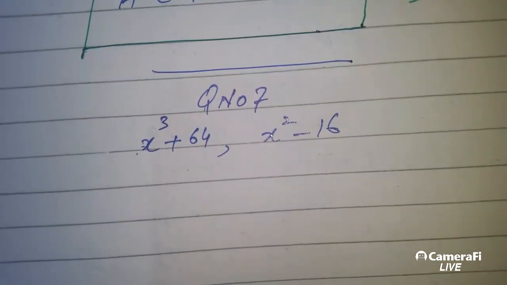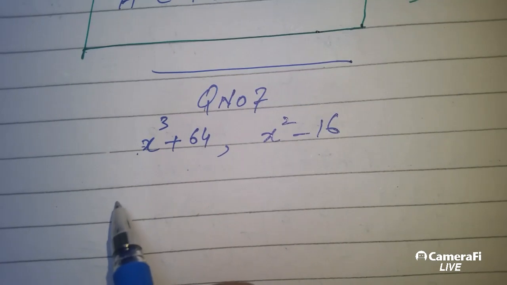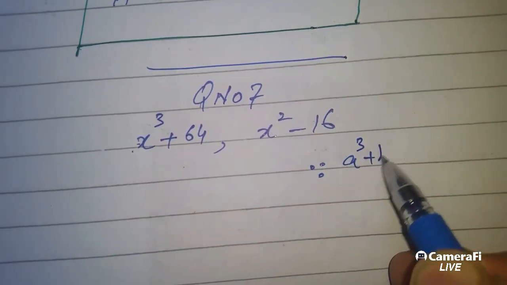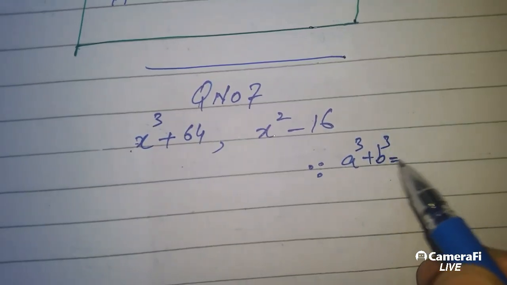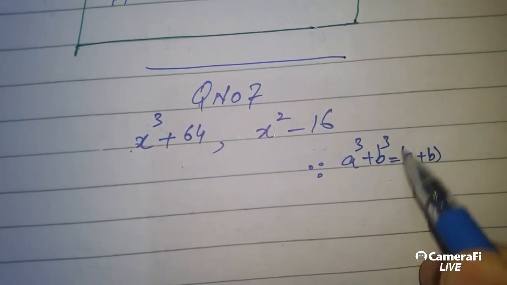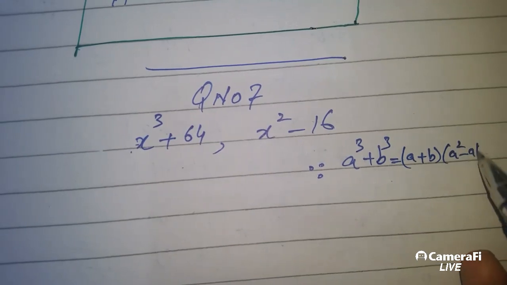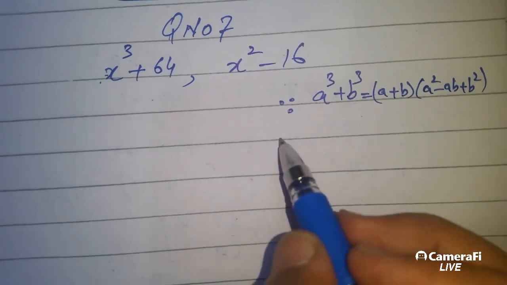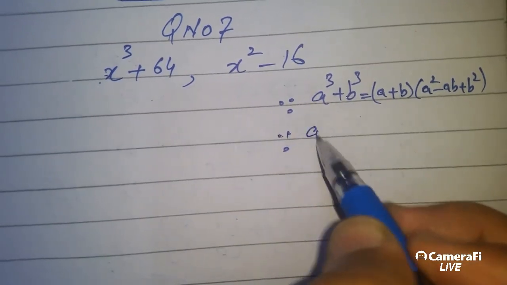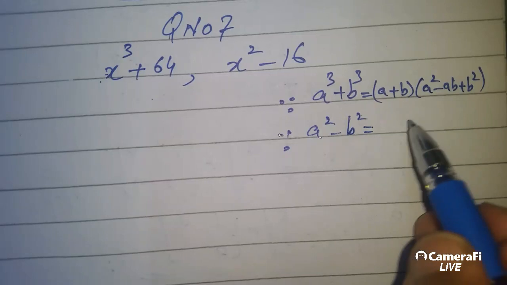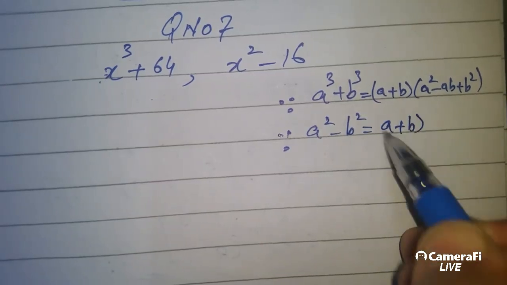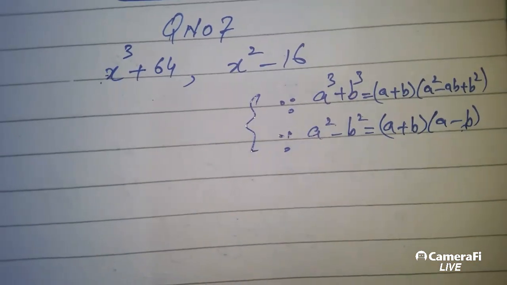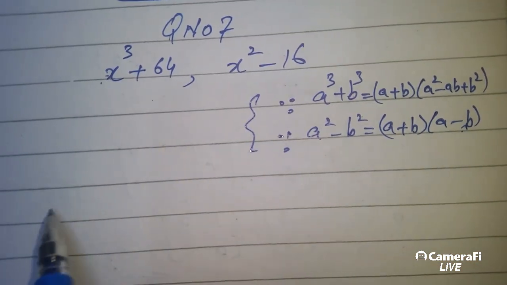Now we will just apply the formula here. a cube plus b cube is equal to a plus b into a square minus ab plus b square. So this is the first formula. Similarly, a square minus b square equals a plus b into a minus b. So these are the two formulas that I shall apply here.